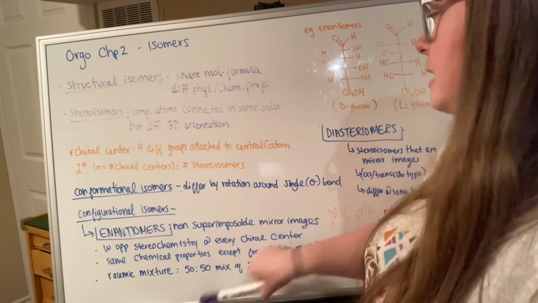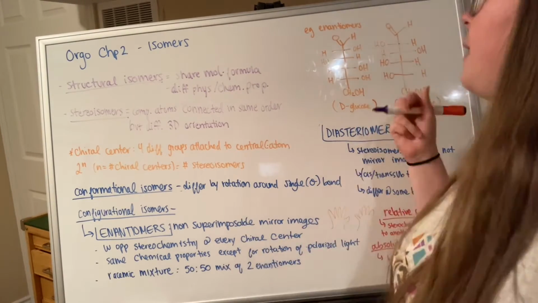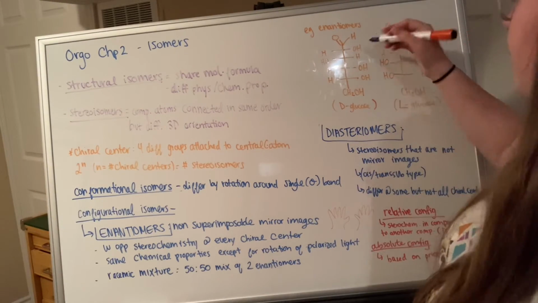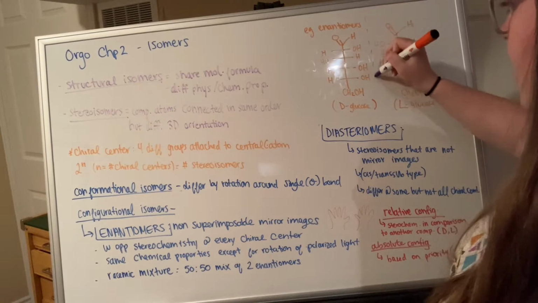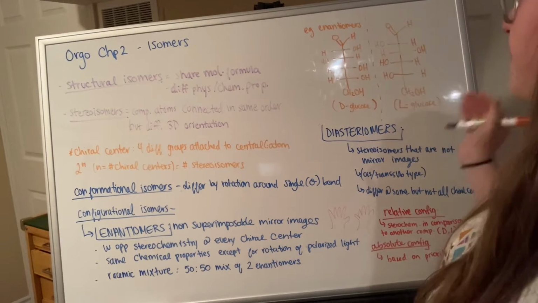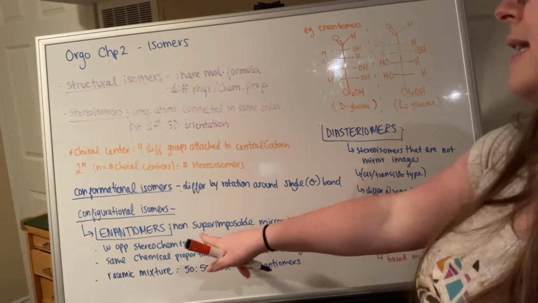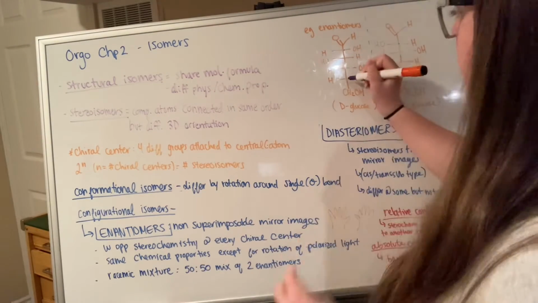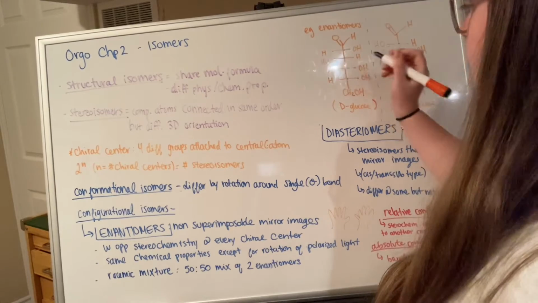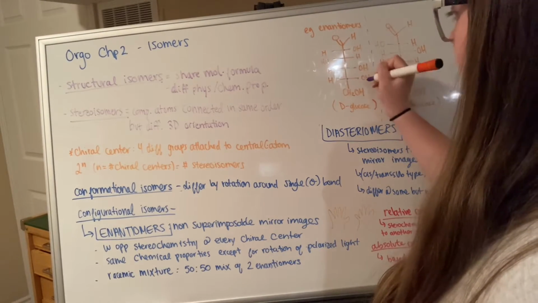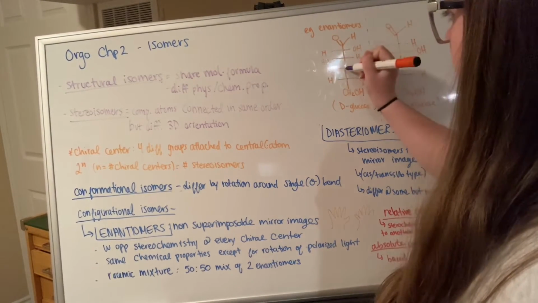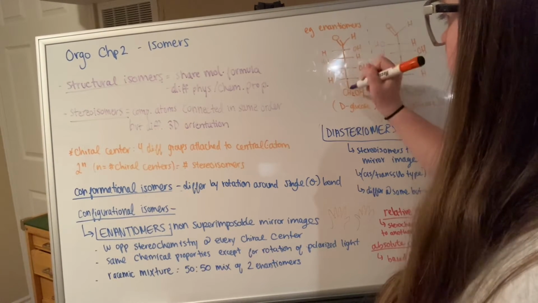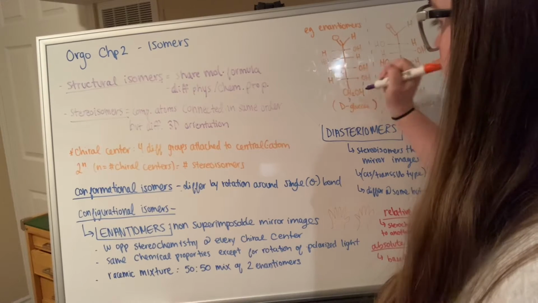If we're going to look at this example up here, we have D-glucose and L-glucose. First, they are mirror images of each other. Perfect. But now let's look to see if the stereochemistry is opposite at every chiral center. Let's take this one for example. If we're going to label this in terms of priority, we would give the O the 1, this up here would have the 2, and this group down here would have a 3.